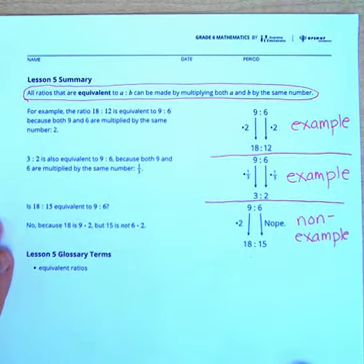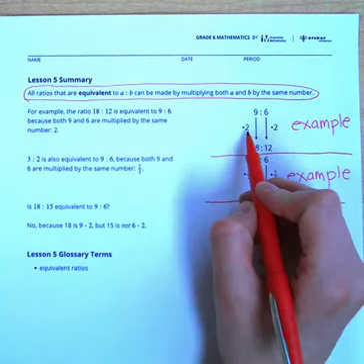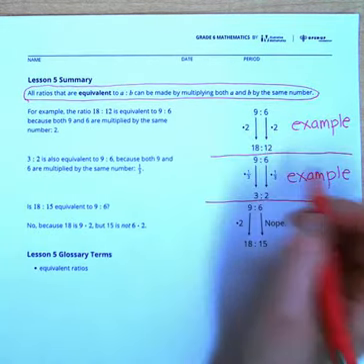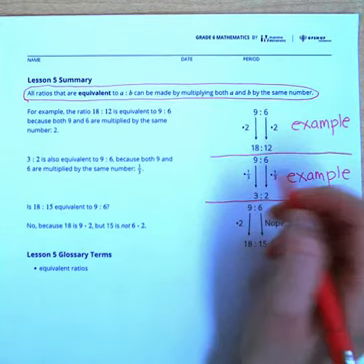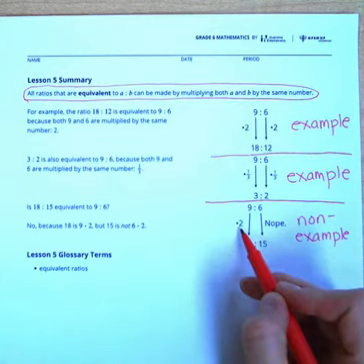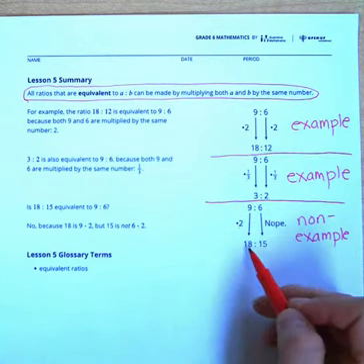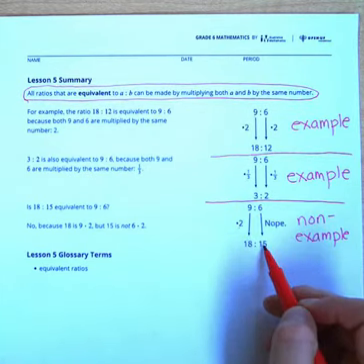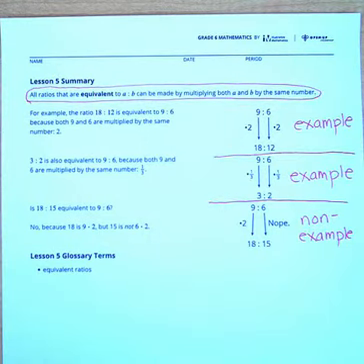Okay. Oops, sorry, I didn't realize that was off the screen. There you go. So, a couple examples. Multiply by 2 on each side. Multiply by 1/3 on each side. Or you can think of it as dividing by 3 if you want. This last one is not a good example because 9 times 2 is 18, but 6 times 2 is only 12. So that would not be an example.